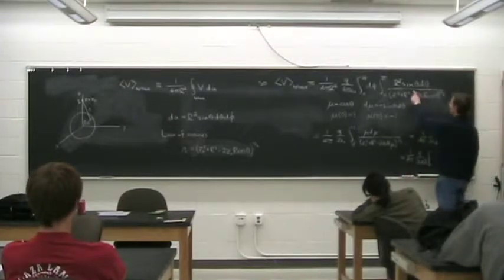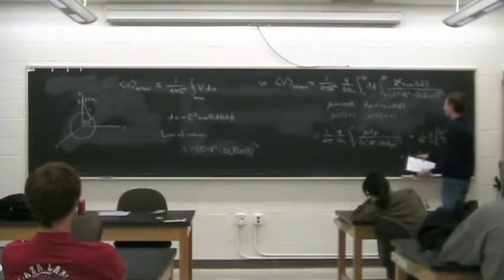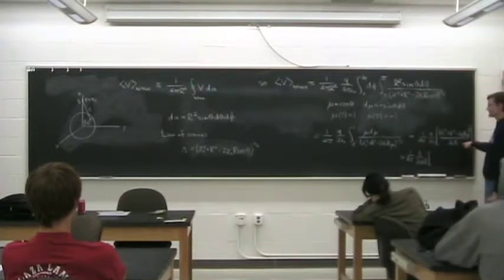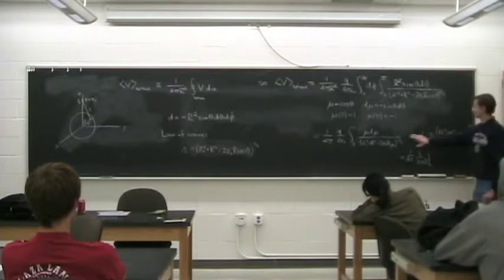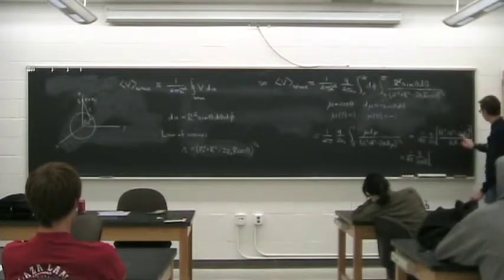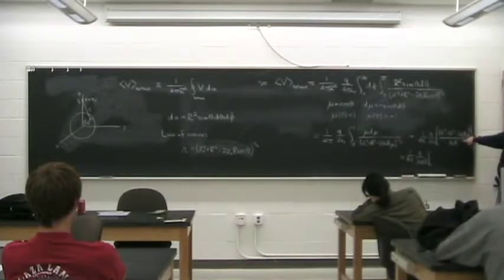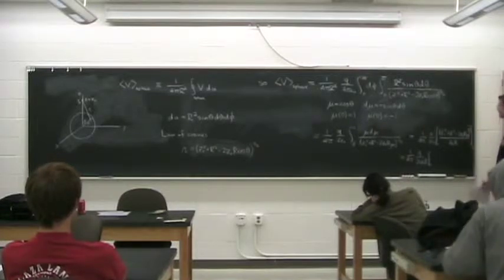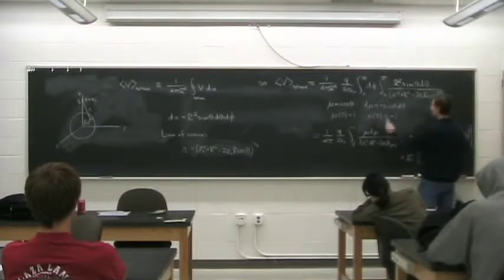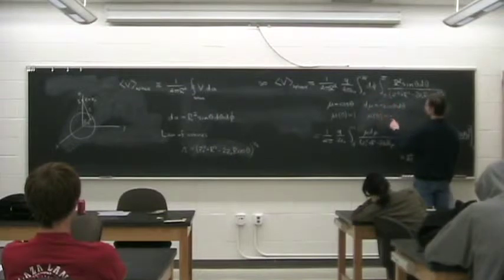But I think that this integrates to this. So this integral is, I think, what I'm claiming here. Now I have to go check it. All right. And the limits are right, minus 1 and 1.